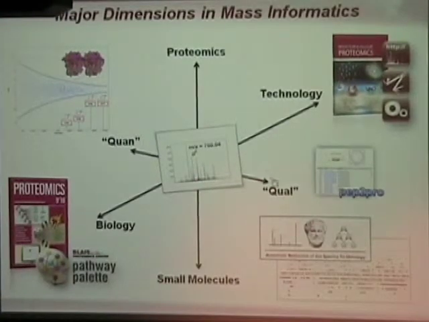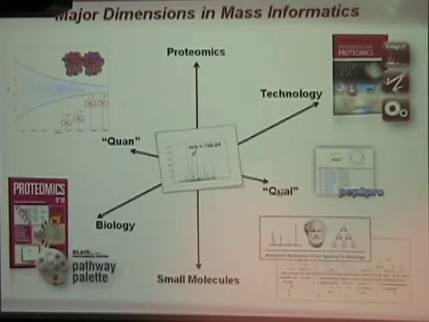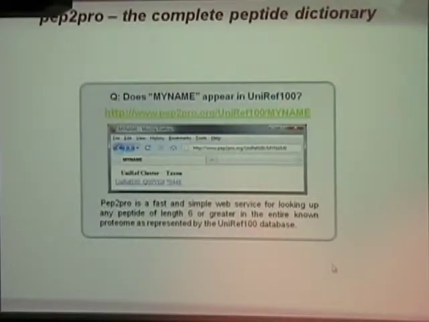So if you ever have a peptide you want to look up, or if you have a program that needs to look up, this is just pointing out that the same thing can generate just text. So you can have a program make this call and just get out all of the UniRef locations. This is just a little useful web service. One final note about that, it's not just for looking up your name.